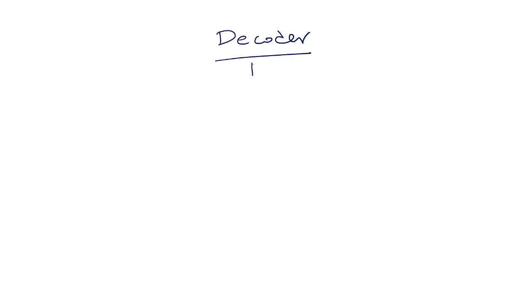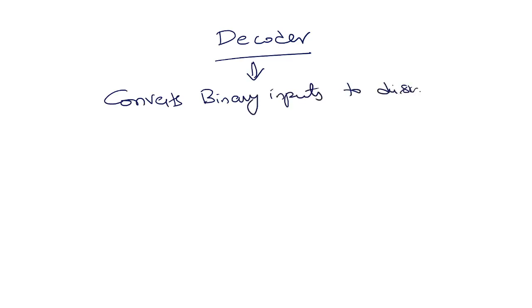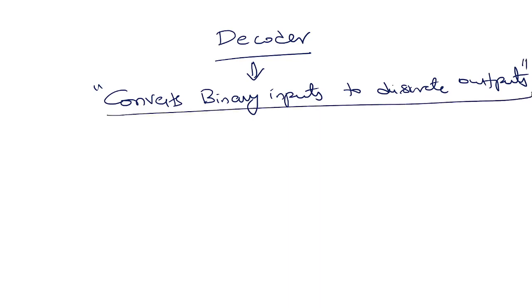So what does the decoder do? It converts binary inputs to discrete outputs. Okay, kind of encryption. You don't want to transfer the data as it is; you add some kind of bits so that you change the data and then transfer it.